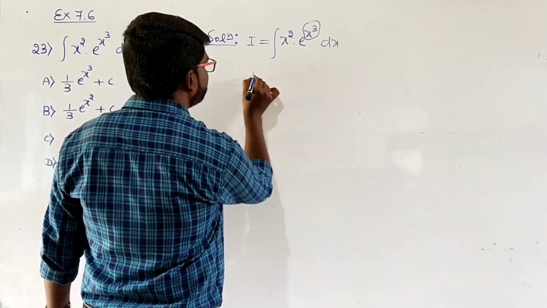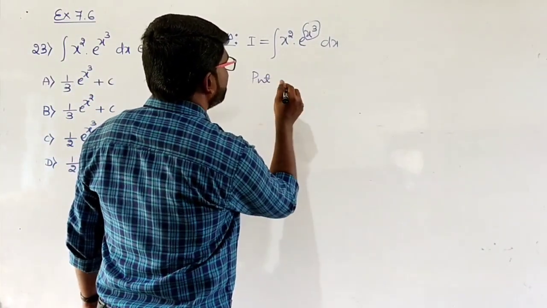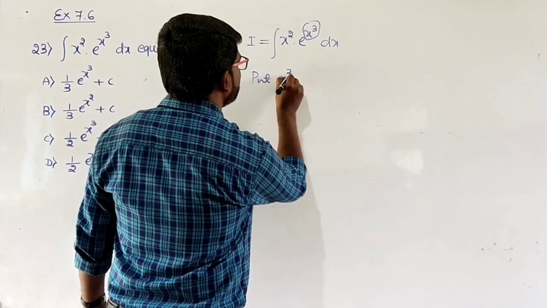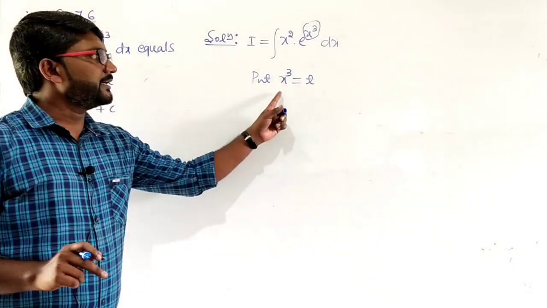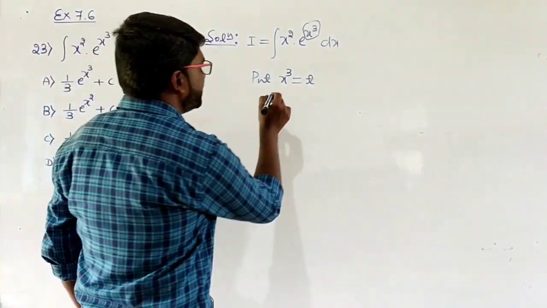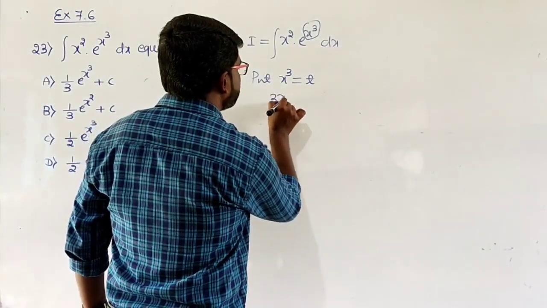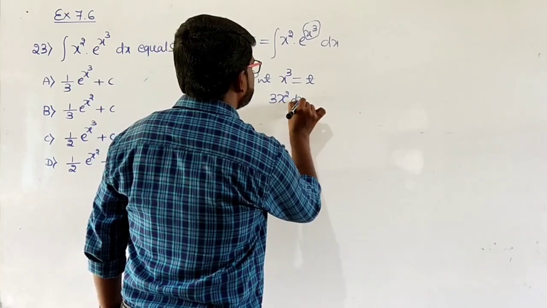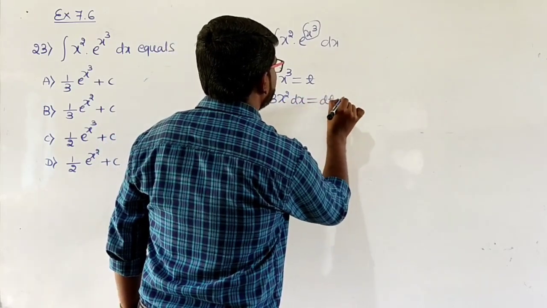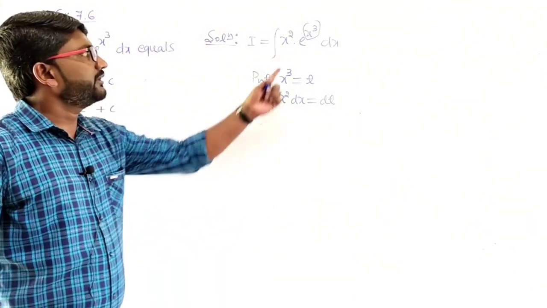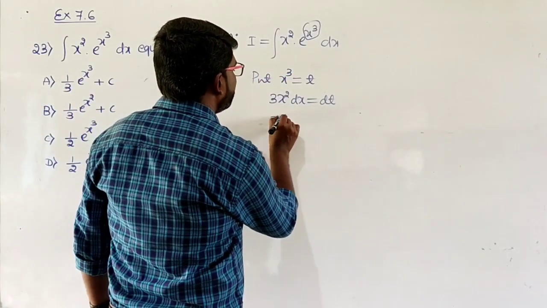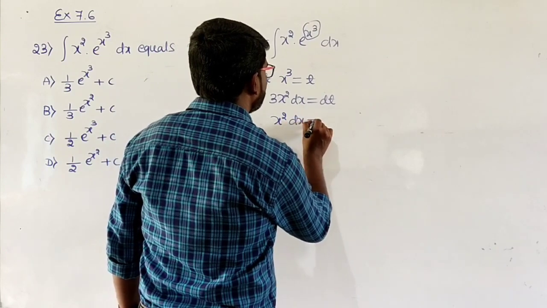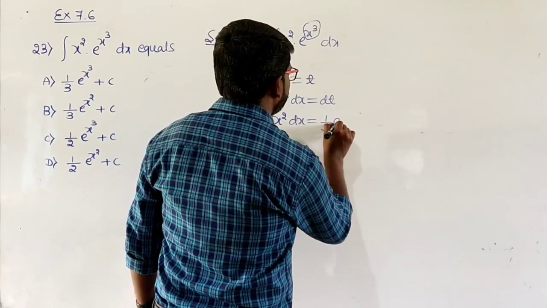So put x cube equals t. Now differentiate both the sides with respect to x. We get 3x square dx equals dt. Now we need only x square dx. So here x square dx equals 1 by 3 dt.